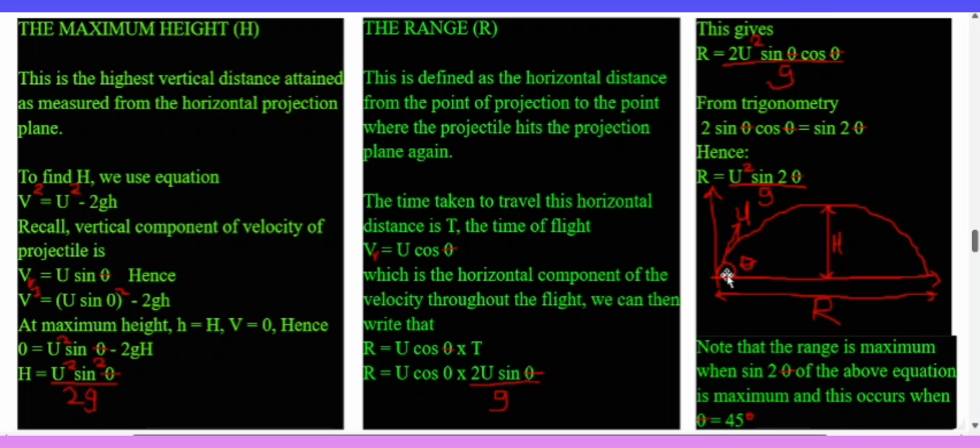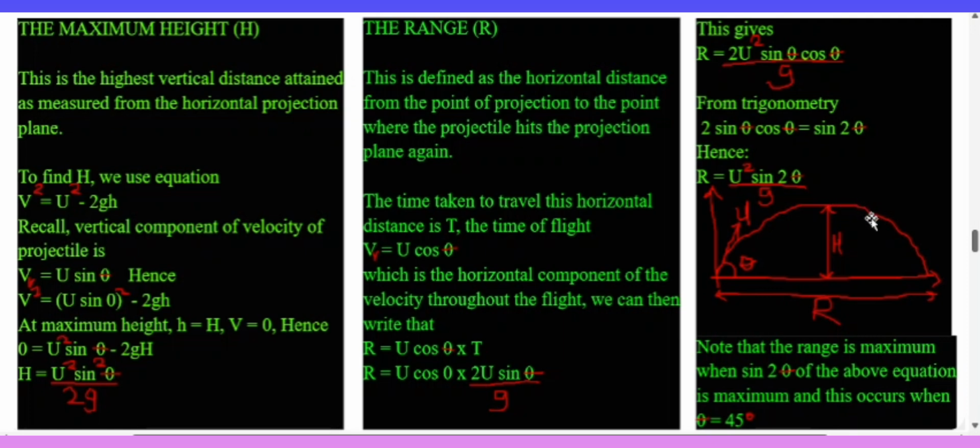It was thrown with a particular velocity u, the initial velocity. That velocity keeps decreasing as it goes up until it gets to the maximum height, where the velocity becomes 0, and then it starts to come down.